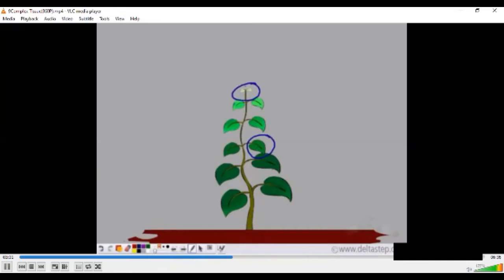But the leaf is growing, it requires a lot of energy. So the amount of food that this leaf is preparing is not enough. So the food prepared by this leaf gets transported upwards to this leaf, and it also gets transported downwards to the root, since the entire plant requires food to stay alive.